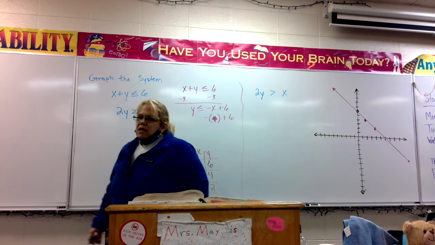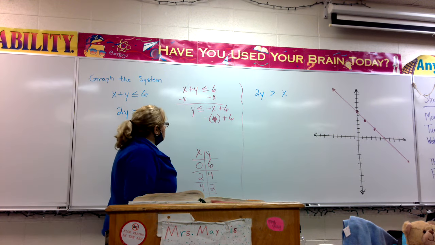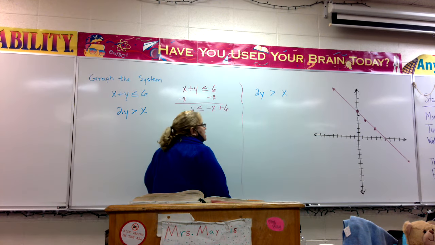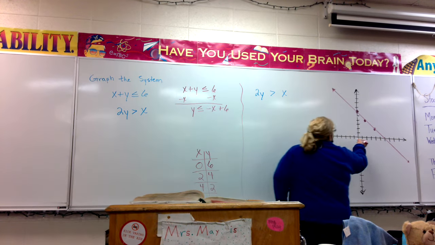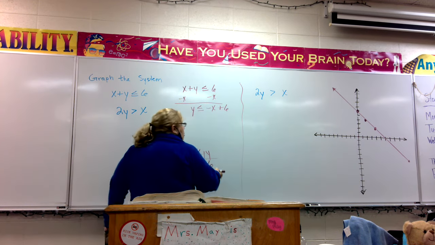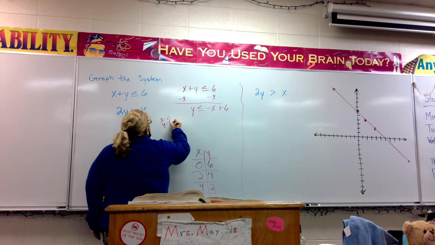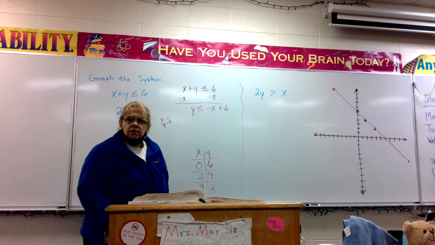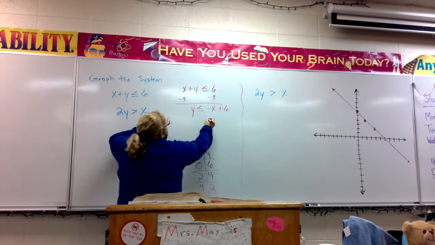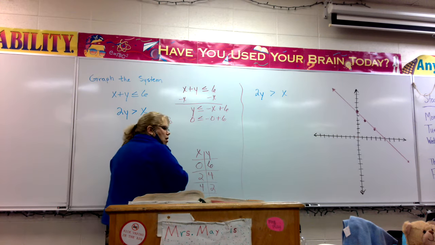Now, if it were equals, we'd be done, but since it's an inequality, that's where we have to pick a point, not on the line. I like to choose 0, 0 if possible. At that point, x equals 0, and y equals 0, right? So we're going to plug in x is 0, and y equals 0.